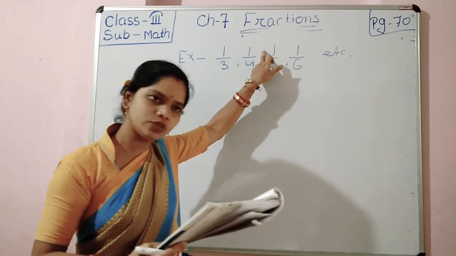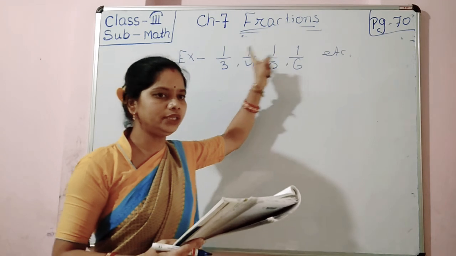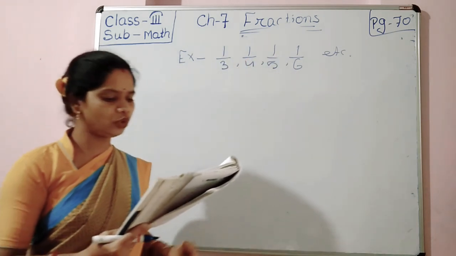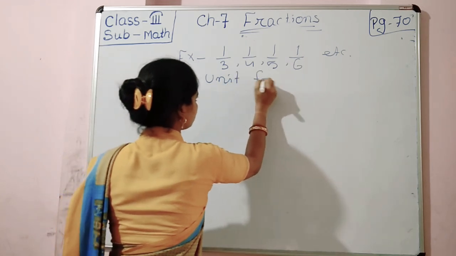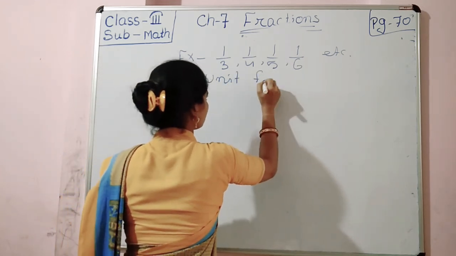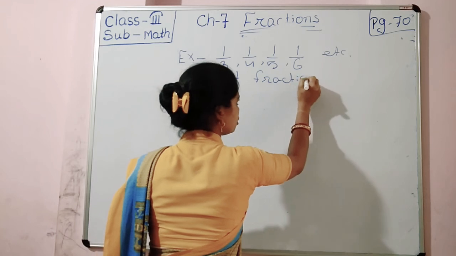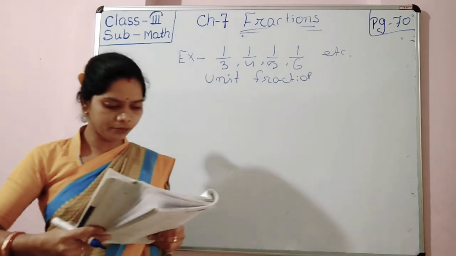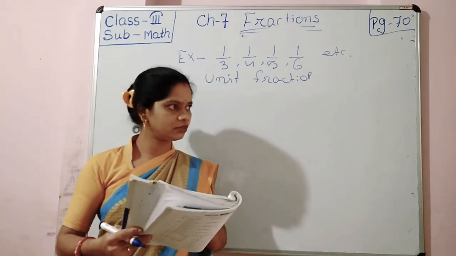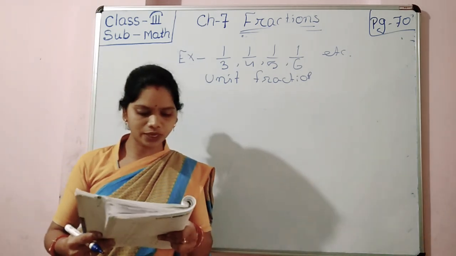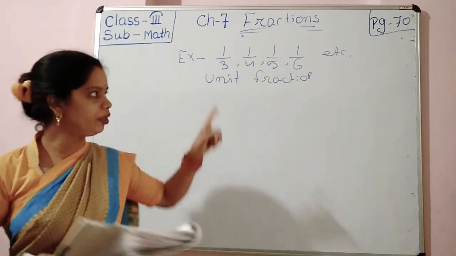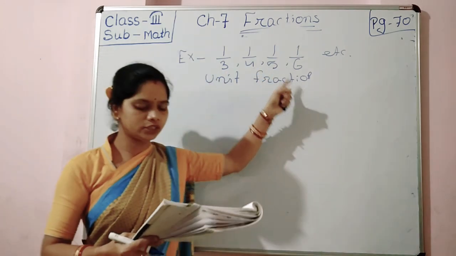So they are called unit fractions. When the numerator is 1, it is called a unit fraction.